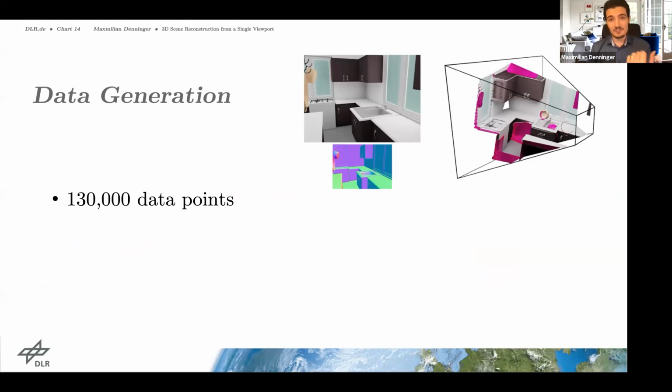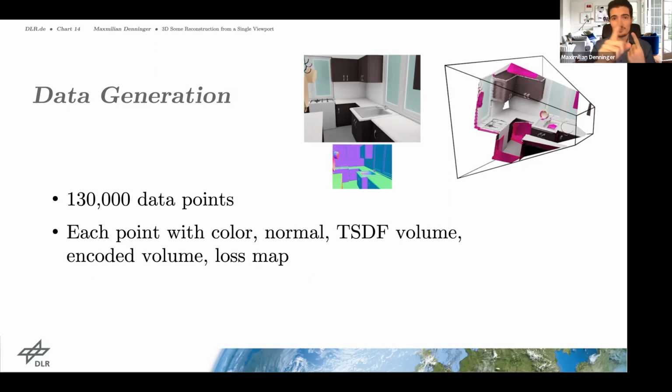That entails, for each data point, a color image, which you see here on the top, generated by BlenderProc, software I'm going to cover later on. Then we had a synthetic normal image, also generated by BlenderProc. Then we had our TSDF volume. For that, we had to write some code which can generate, for 134 million voxels in our space, the distance to the closest polygon.